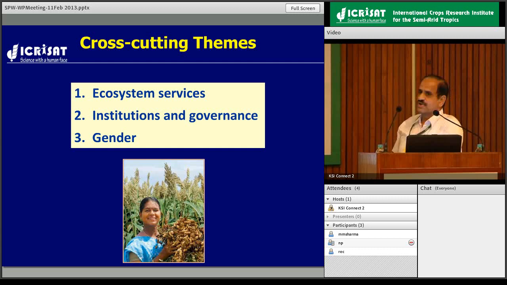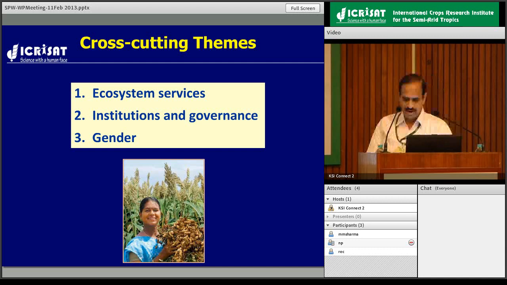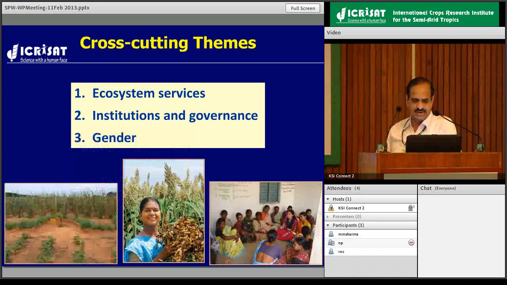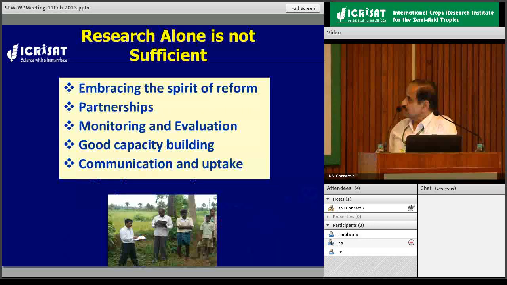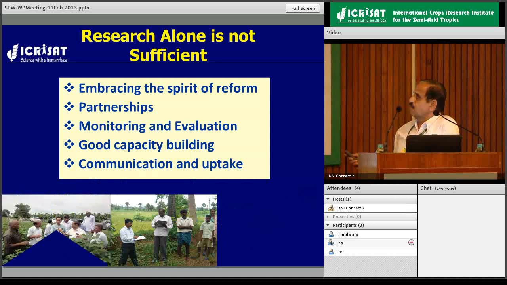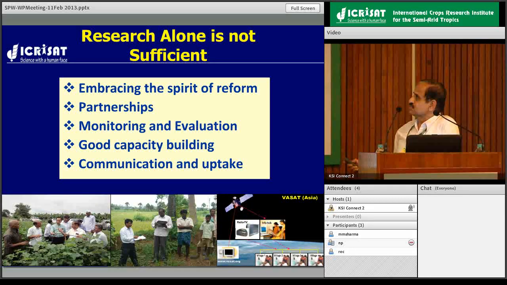Not only from the partners are focal points there, but outside experts also have been co-opted into these cross-cutting themes. Research alone is not sufficient, and it builds on the partnerships, embracing the spirit of reform, monitoring and evaluation, good capacity building, communication and uptake.